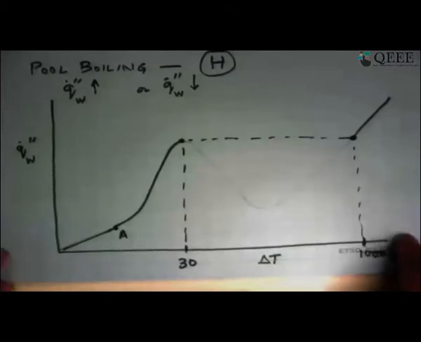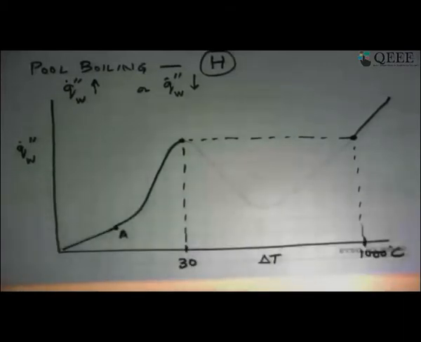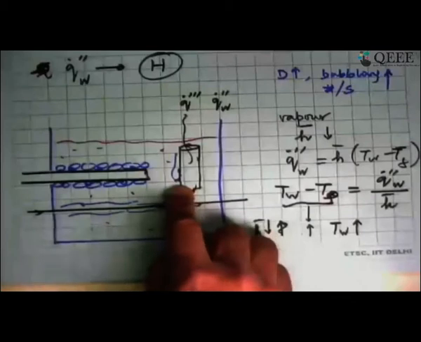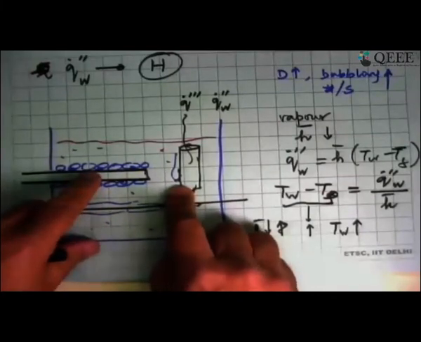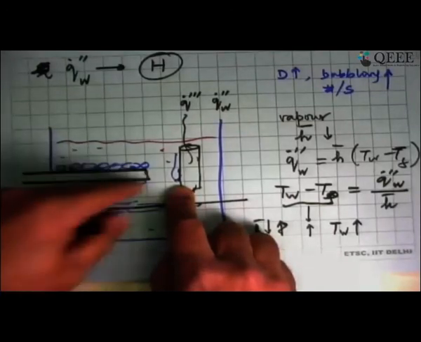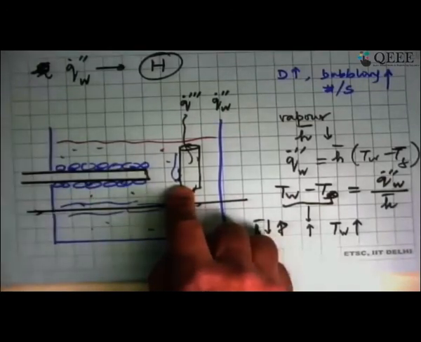But the real world is not so nice to us. Whether it is an electric heater here, or a heating wire over here, or a zirconia tube in which the nuclear fuel has been kept, the moment locally the temperature reaches 1000 degrees Celsius, whatever material we have by and large used, and the conductors would probably be nichrome or something like that, either that will burn out or the surface will start to melt and start breaking off, and very quickly this whole thing will fail.